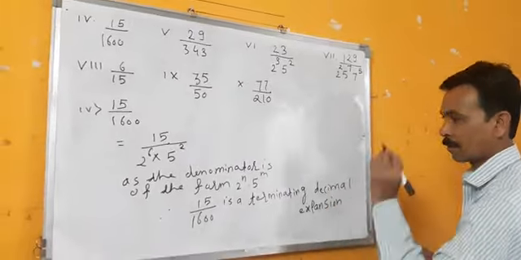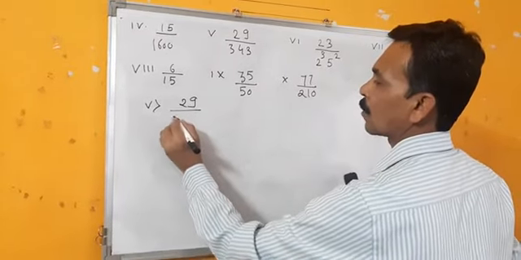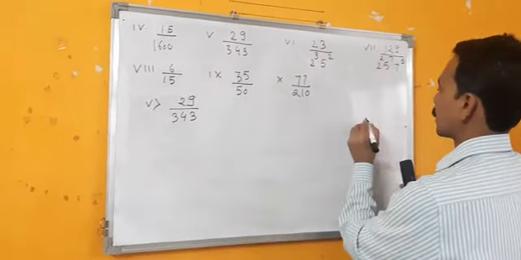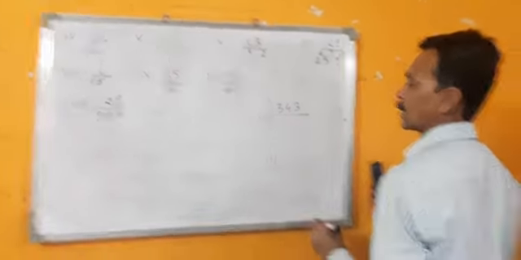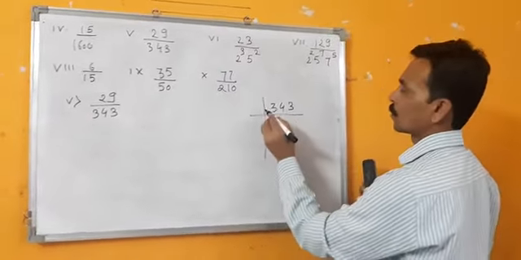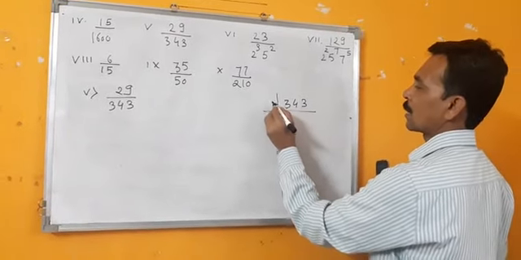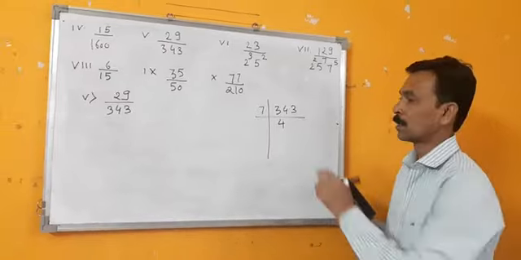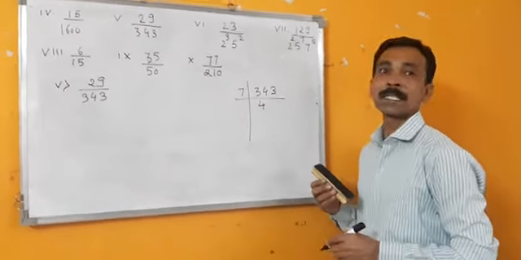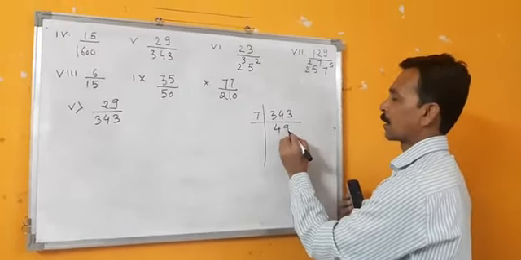Next sum, 29 upon 343, that is the fifth sum. Let's find the factors of 343. 7 4s are 28. 34 minus 28 is 6. 63. 7 9s are 63.